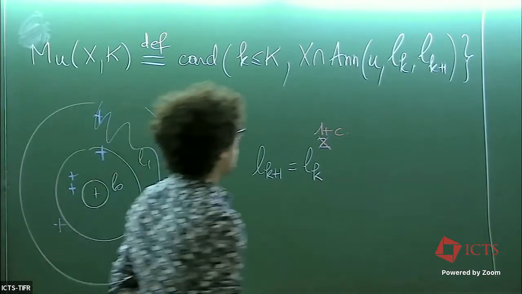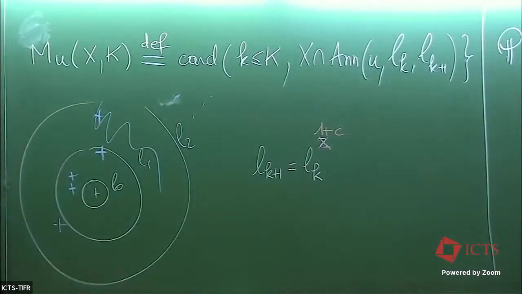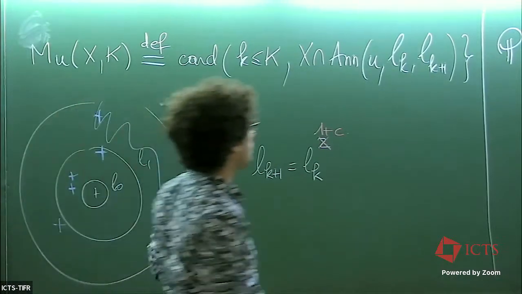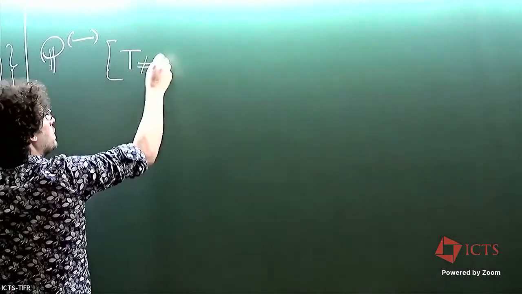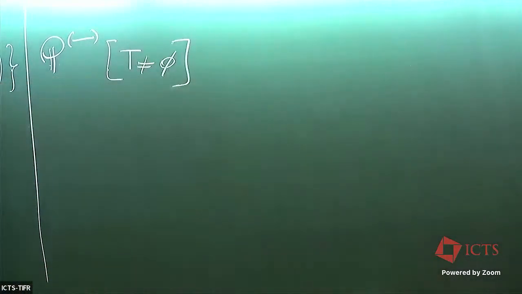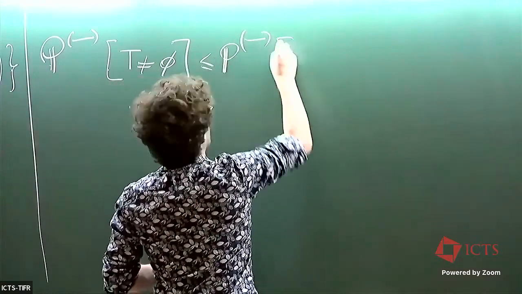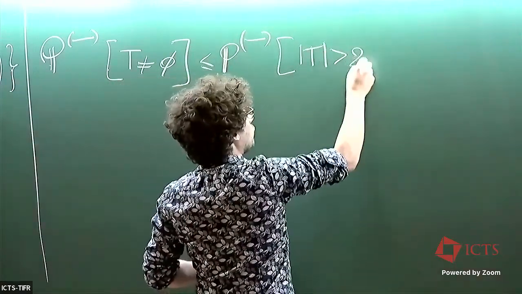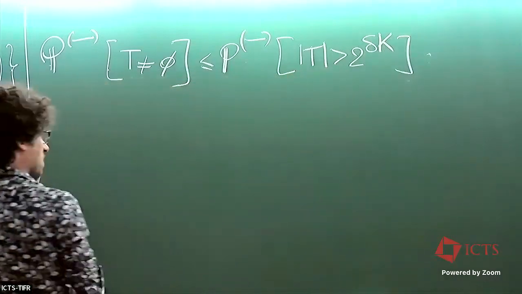Okay, so let's go back to this quantity that I want to be bounding in a smarter fashion than that. And I'm going to bound this in two ways. I'm going to say this is smaller than the probability that T is larger than 2 to the delta K. I'm going to tell you what delta is later and what K is later.